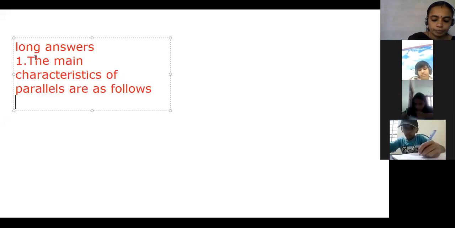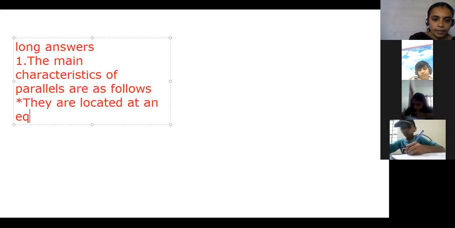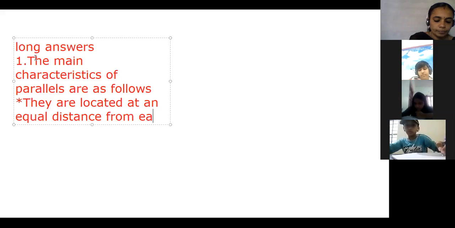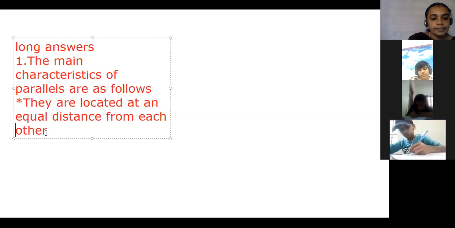First point, they are located at an equal distance from each other. Equal distance from each other.